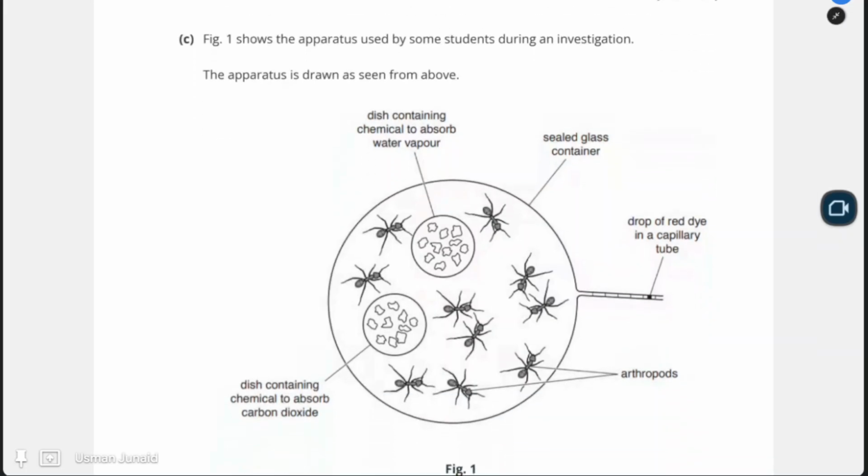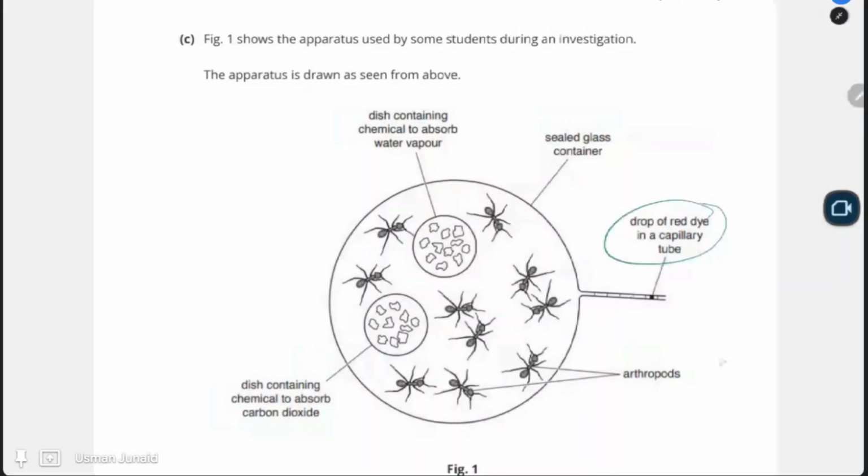The figure shows the apparatus used by some students during an investigation. The apparatus is drawn as seen from above. The dish containing chemical to absorb water vapor, sealed gas container, drop of red dye in a capillary tube, and a dish containing chemical to absorb carbon dioxide.